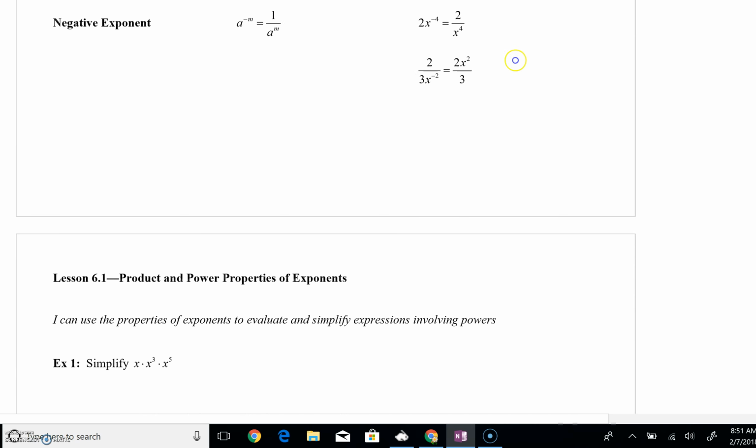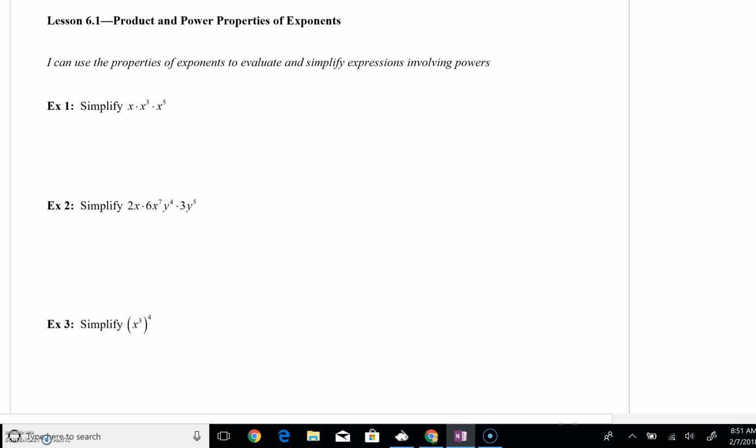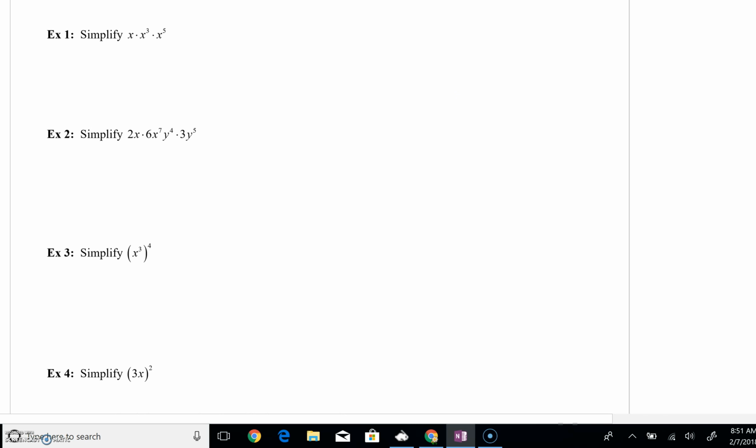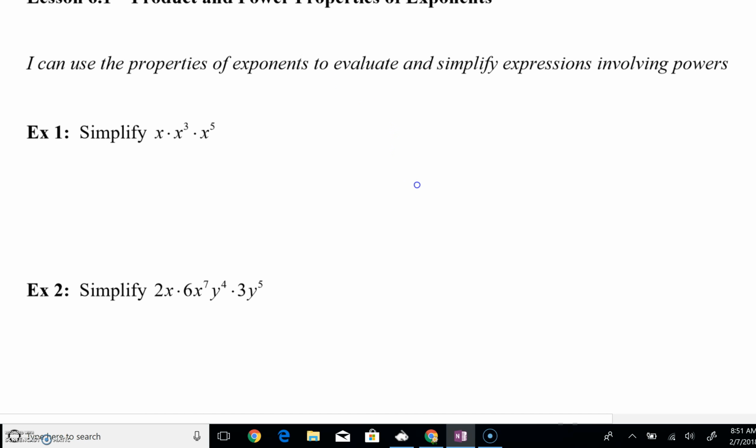I want us to real quickly take a look at these 5 problems. Pay attention to the directions. I can use the properties of exponents to evaluate and simplify the expressions. Now, when you just see an x, there is a power. What power do we have here? It's x to the first, right?